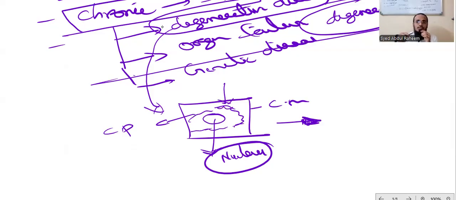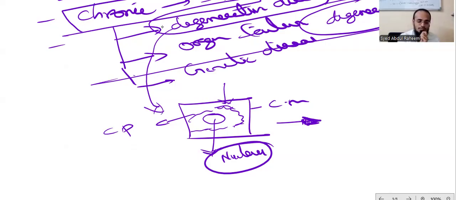So that's the reason. What type of cells are present in cartilage? Today I am asking questions, so don't worry. If you know, please answer. As a doctor, we have to know everything.